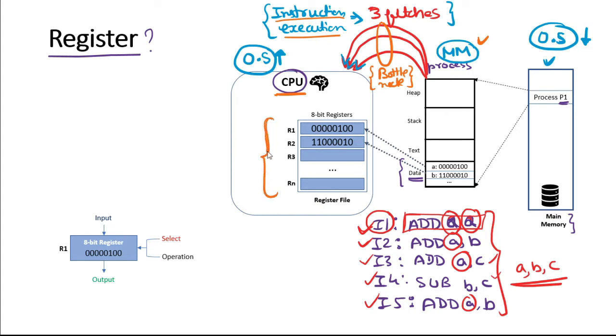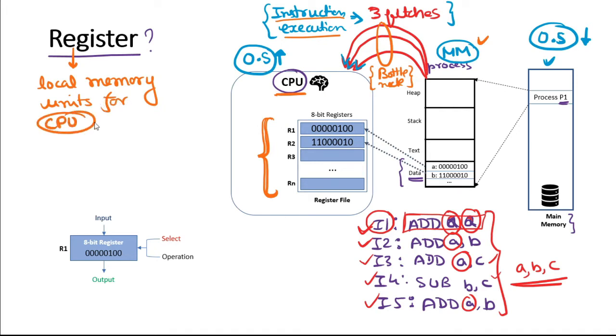These memory units inside the CPU are called registers. Registers are nothing but local memory units for the CPU.